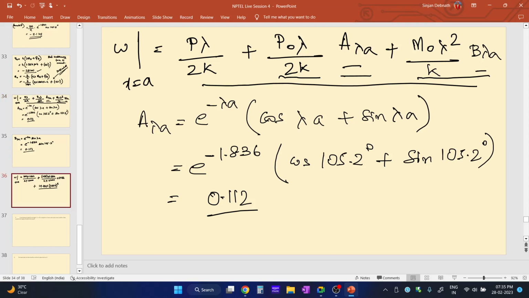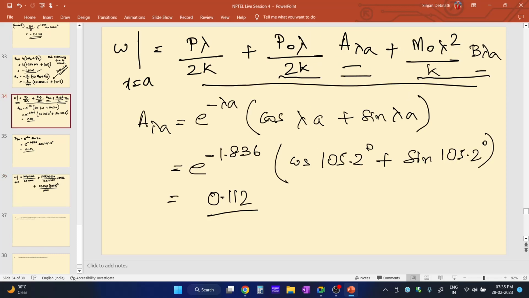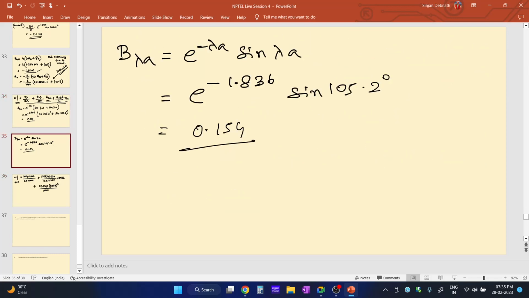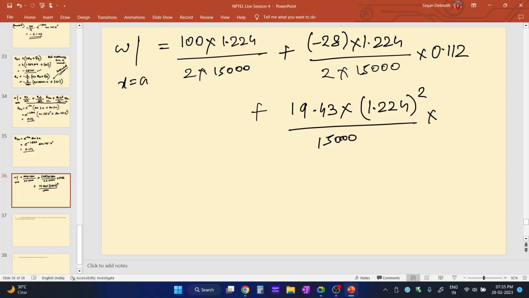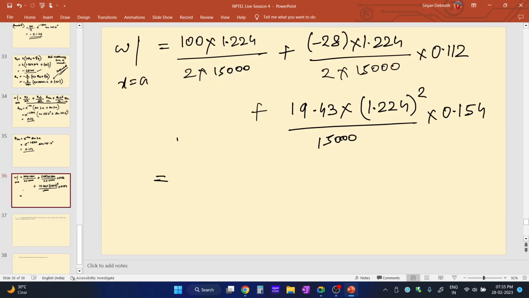K means 15,000, into B lambda A. B lambda A means 0.154. Now, if you solve this, you will get the deflection at point A. That means deflection at the loading point, which is 1.5 meter away from the free end. At x equal to A, you will get the deflection 4.25 millimeters. Okay, so this is the answer.